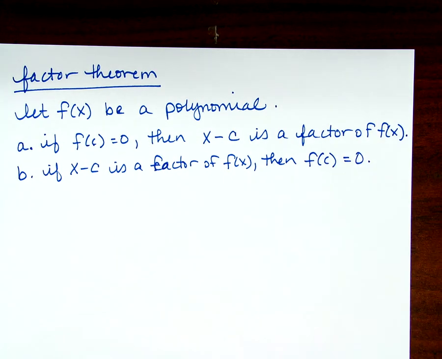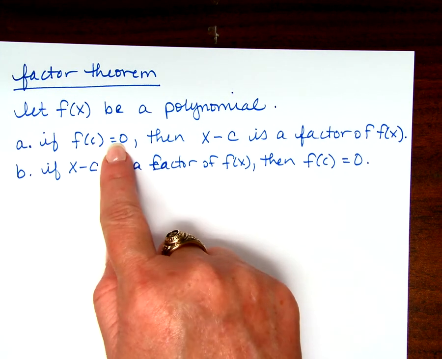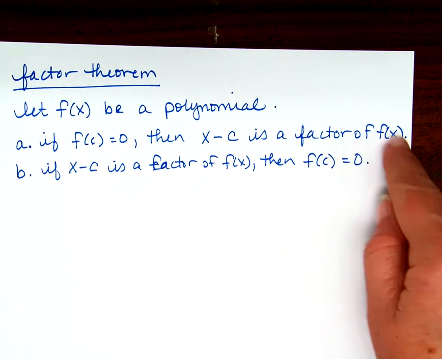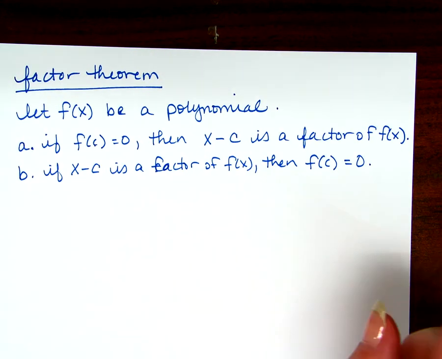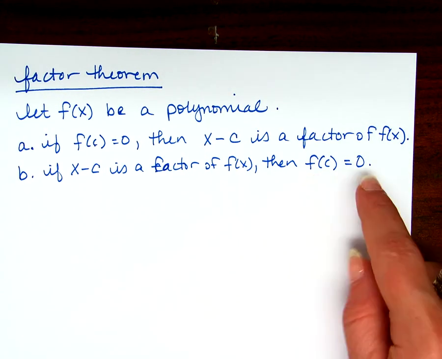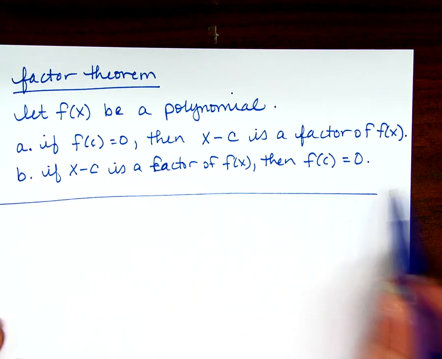Can you tell that that's kind of backwards of the first part? That's cool though, because if you know one is true, then you know the other is true. If when you plug in c to the function you get 0, then x minus c is a factor. But you also know that if x minus c is a factor, then if you plug c into the function you will get 0. Does that make sense? Okay, so that's the factor theorem.